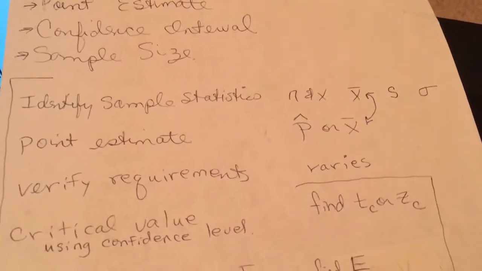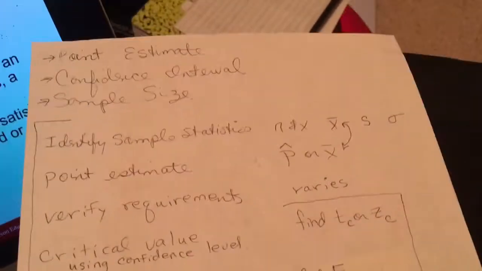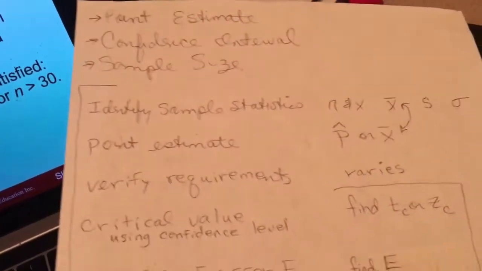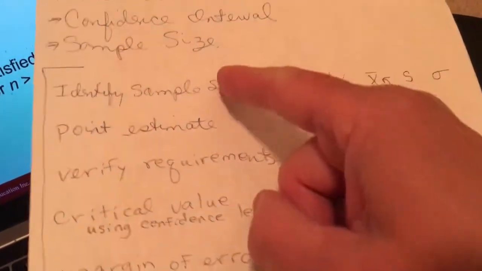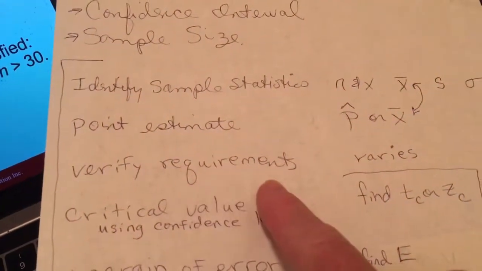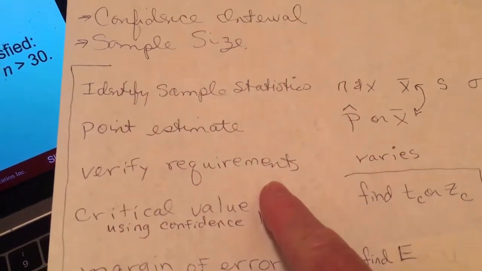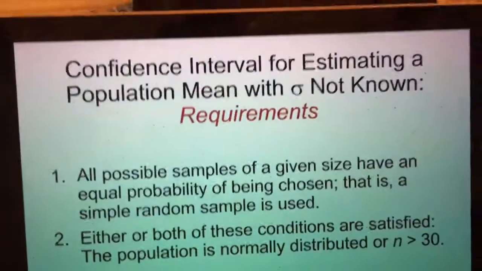most often. Okay, now remember at the beginning of this tape on the 7.1 portion, I gave you this little cheat sheet. These were the big 3 points here. Confidence interval involves each one of these steps. And the third step here is verify requirements. So let's talk about the requirements for the estimation of the mean. Okay, so here we are.